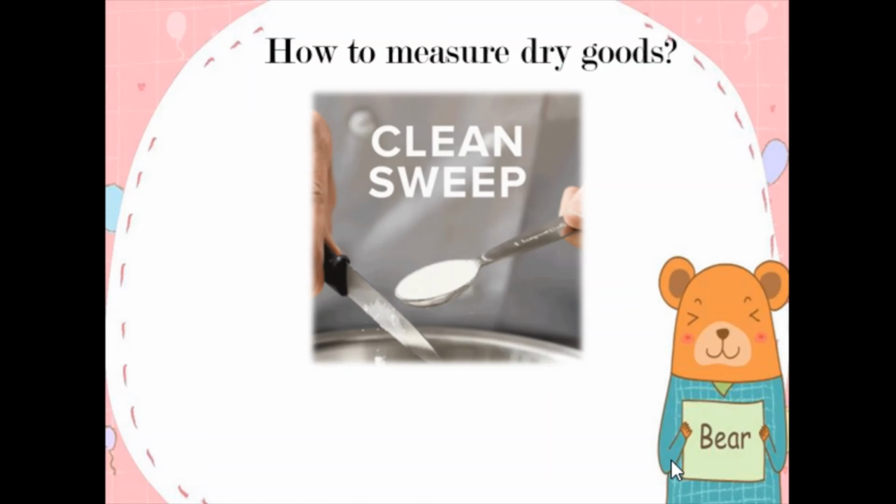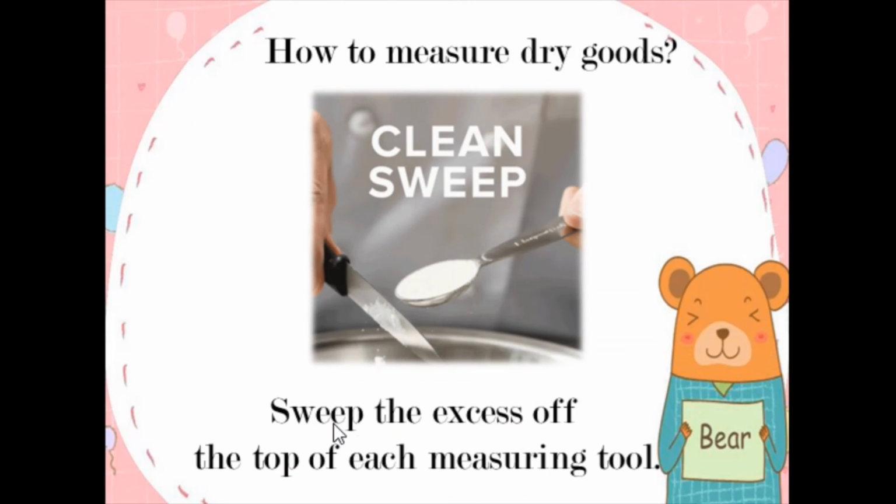How do we measure dry goods? Do we just plainly put the good in the tool and just estimate it? No, we have to sweep the excess off the top of each measuring tool, just like this picture. Sweep, or you take off the excess amount of the good on top of each measuring tool.